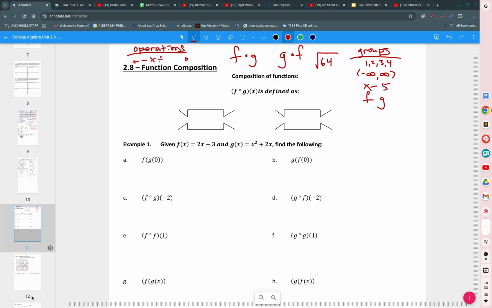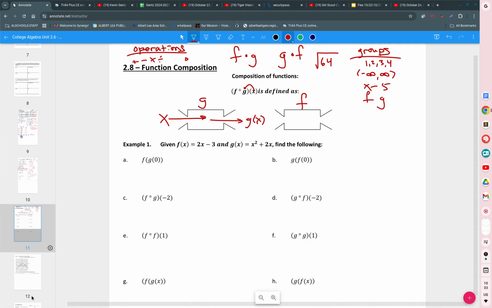So what does the circle mean? Here's what the circle means. F composed with g is defined as, we have g and we have function f. We start by taking x, and what we do is we plug it into function g. When we plug x into g, we get an output, which is g of x. Once we get the output of g of x, anybody know what we do with it?